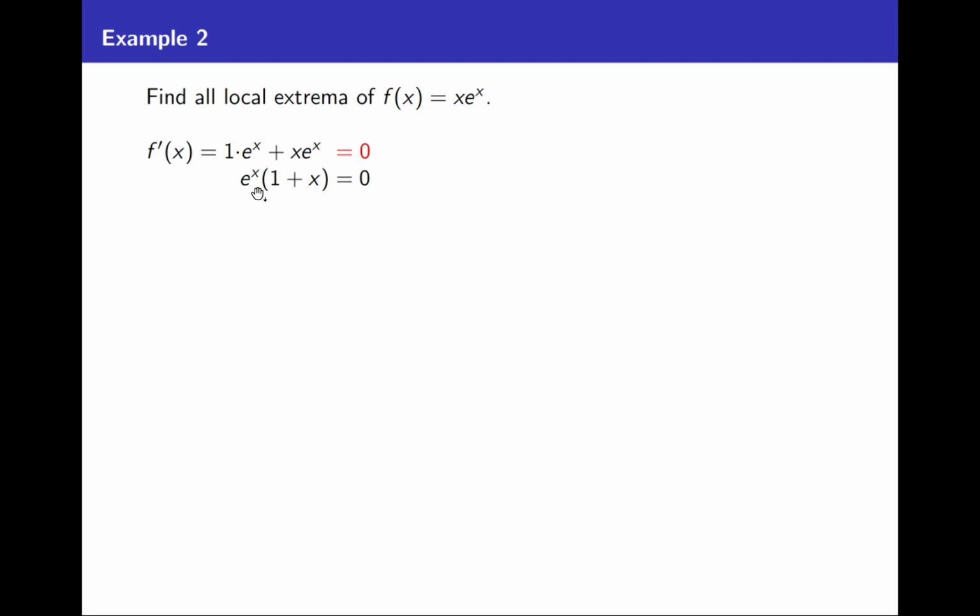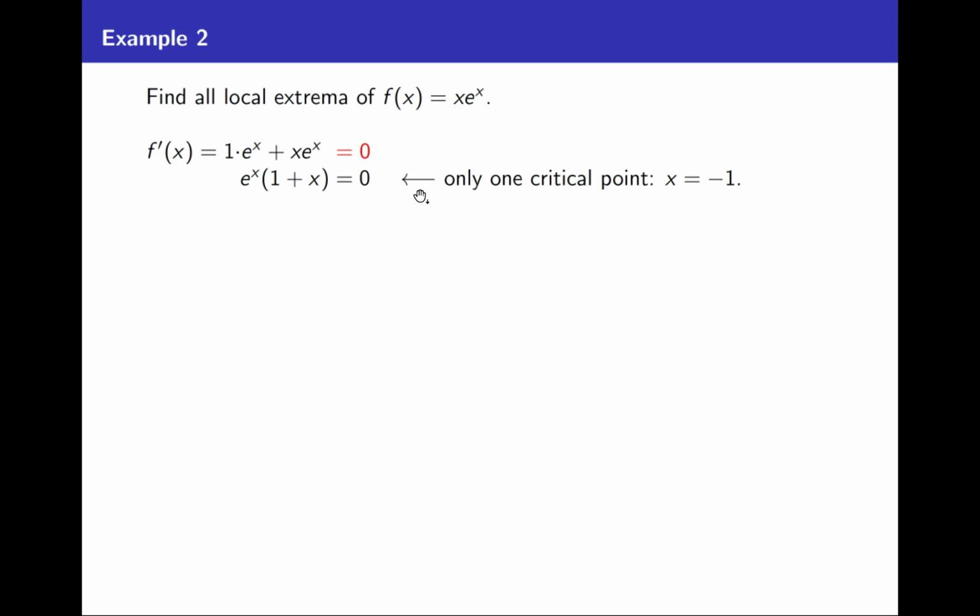Now think about e to the x. No matter what x is, e to the x is positive. It's never 0. Sure, it gets pretty close to 0, but it's never 0. The 1 plus x, however, will be 0 when x equals minus 1. So we've picked up a critical point, and there's only one. The only critical point is x equals minus 1 because it makes that second factor 0.